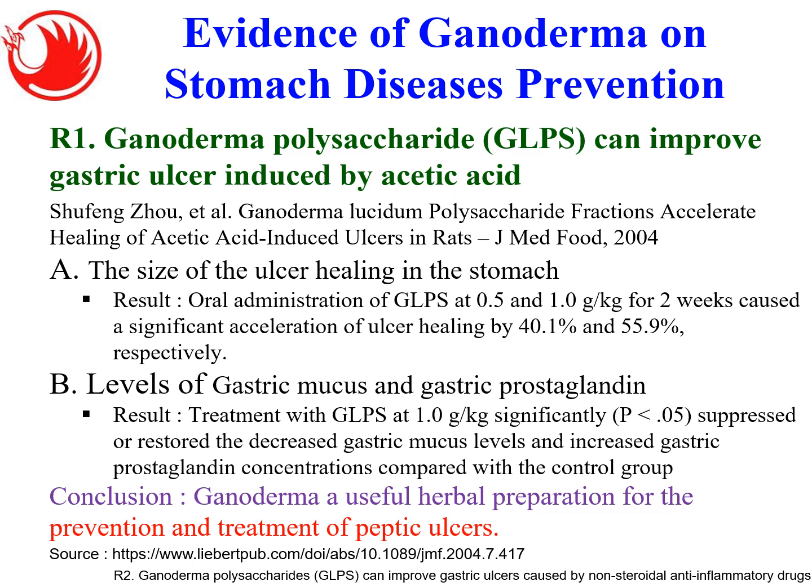So GLPS is short for Ganoderma lucidum polysaccharide. The research team have actually published the research paper in the 2004 edition of a journal, Medicine and Food. There's a link below for those who are interested to take a look.